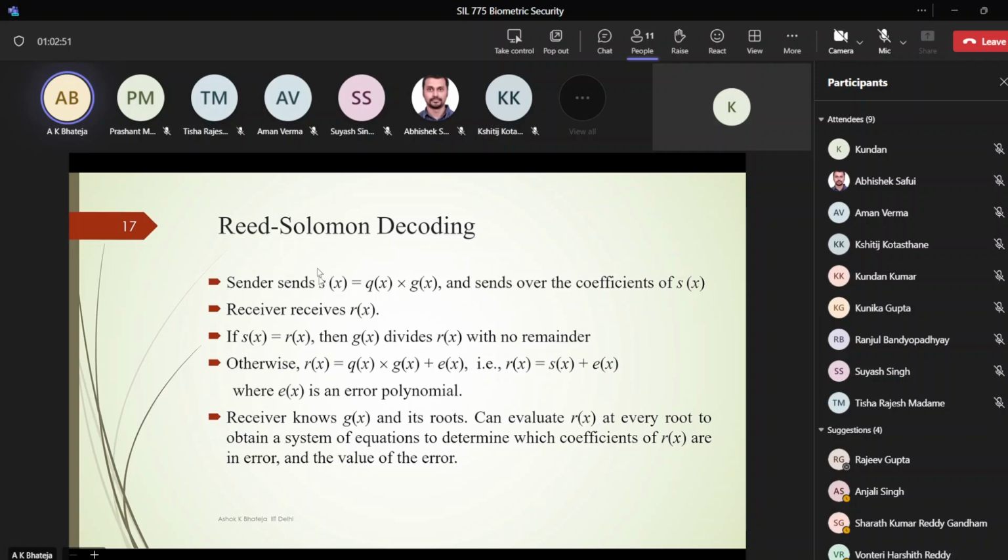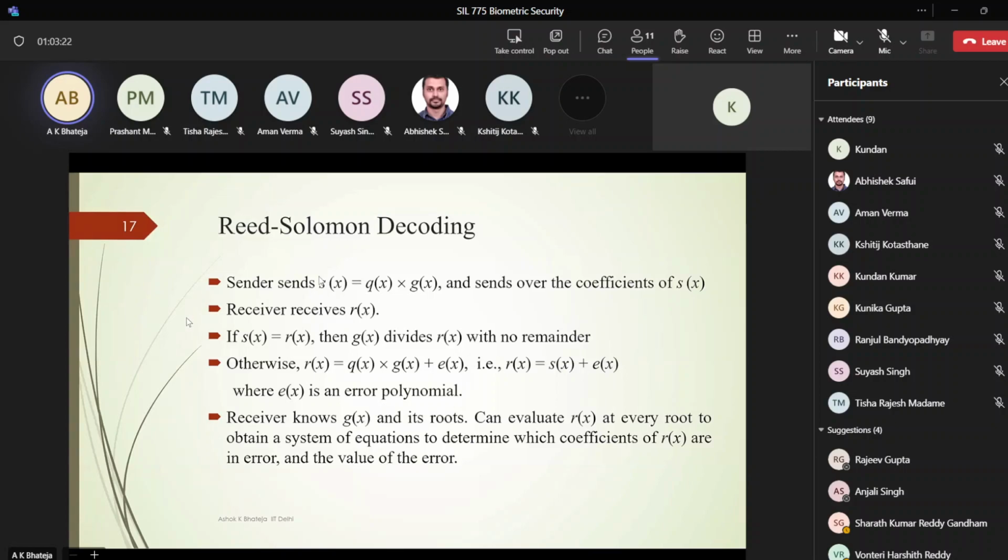Suppose the receiver has received R(x) instead of S(x). If they are equal, it means this R(x) has to be divisible by g(x), so there will not be any remainder if we divide R(x) by g(x). Otherwise, the remainder will not be equal to 0.